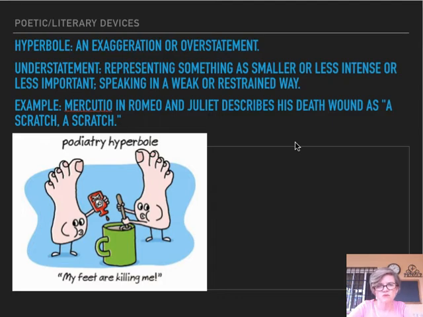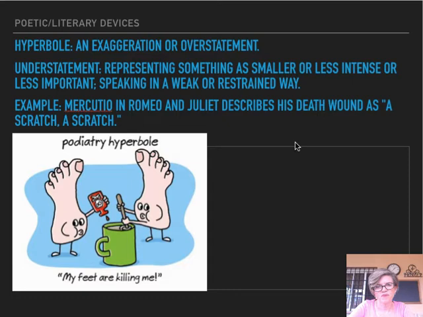Understatement is when you're trying to play something down or make it appear less intense. The effect you could be trying to create could be humor.